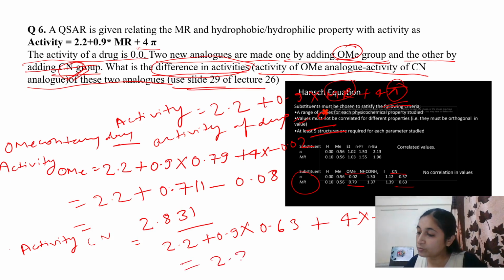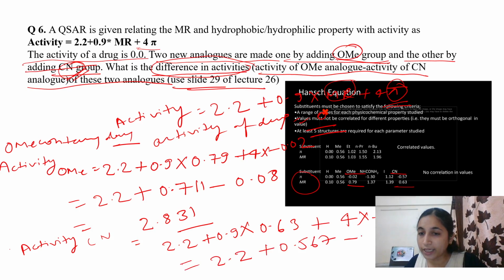So this will be 2.2 plus 0.567 minus 2.28. So this will be 0.487, right? So this came 0.487 and this came 2.831. And now they want us to calculate difference in activities.